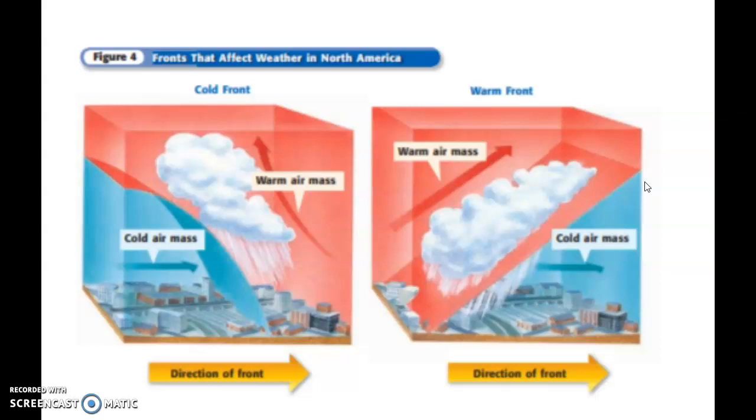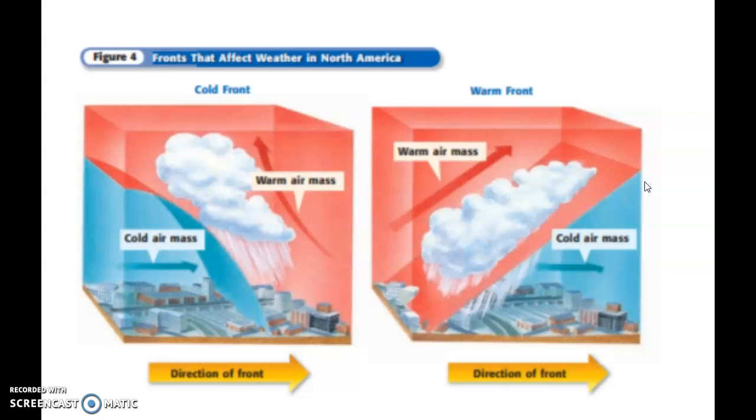So if it's a warmer air mass, it will probably be less dense because it is lighter and will probably rise higher in the atmosphere. And if it's a colder air mass, it is probably heavier and will probably sink down in the atmosphere. This is why it doesn't really mix very well.